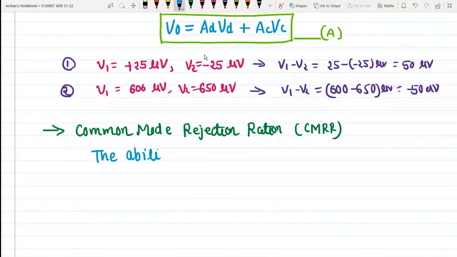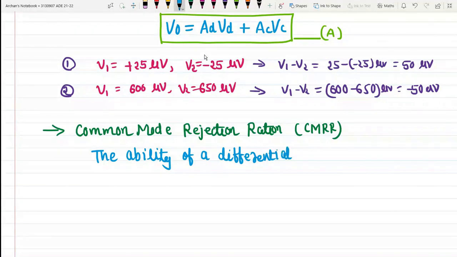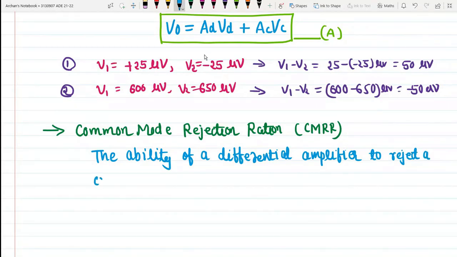It is the ability of a differential amplifier to reject a common mode signal, right?